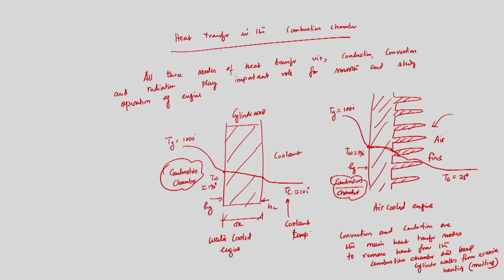Now, during the combustion, as I said, the gas temperature might go to the order of 2700 degree Kelvin, and therefore we need an effective heat transfer to keep the cylinder walls from overheating. So, continuous supply of coolant is needed so that continuous heat removal will be there, because peak temperature might go to the order of 2700 degree Kelvin.